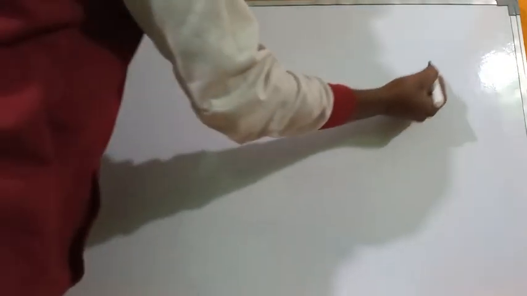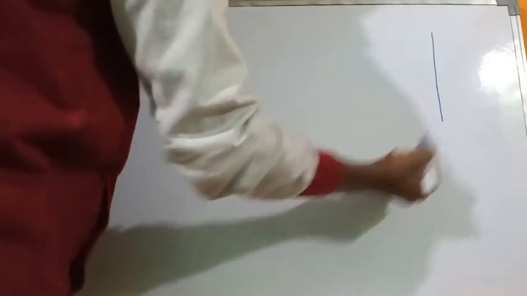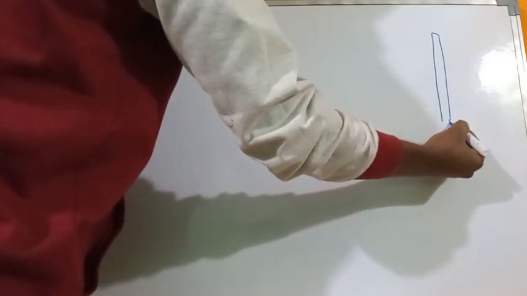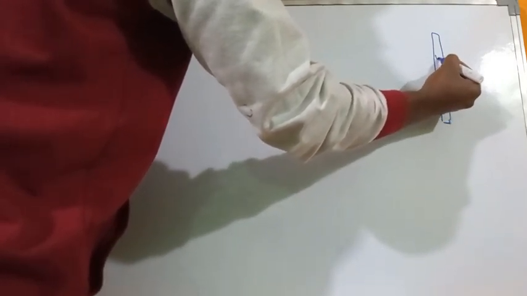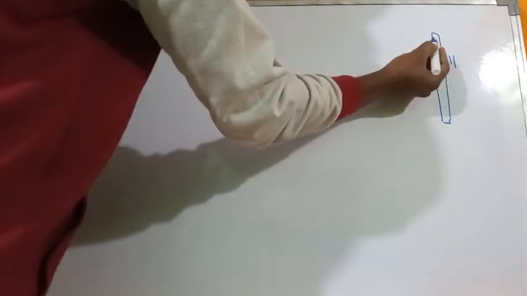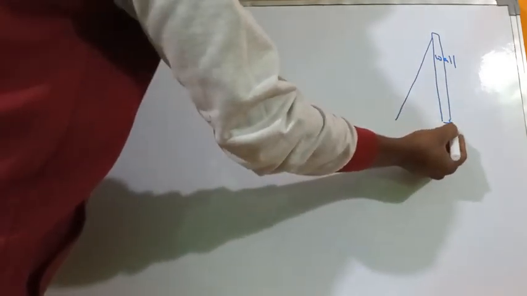Okay, according to the question, here there is a ladder. Sorry, it is wall. Okay, so this is wall. Then a 3 meters length of ladder is leaning like this.